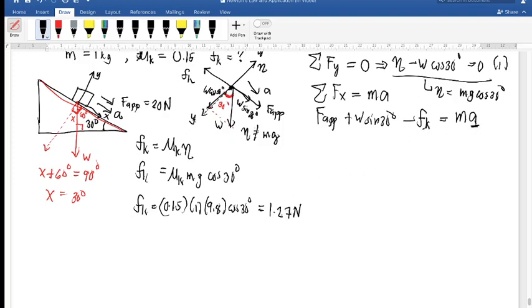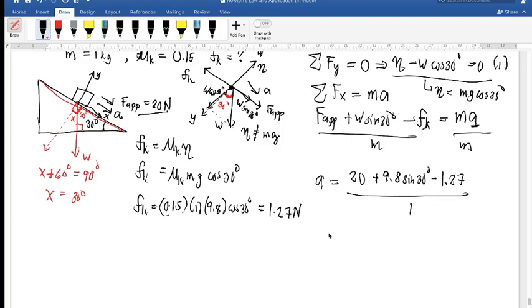Okay, since we know the applied force, we just have to put all of the values and divide both sides by m to find acceleration. So acceleration is, what is the applied force? 20 Newton plus the weight of the object, which is 1 times 9.8, is 9.8 Newton, then sine of 30 degrees, then minus Fk, which is 1.27 Newton, divided by the mass, which is 1 kilogram.